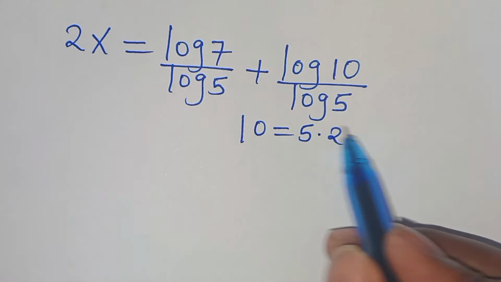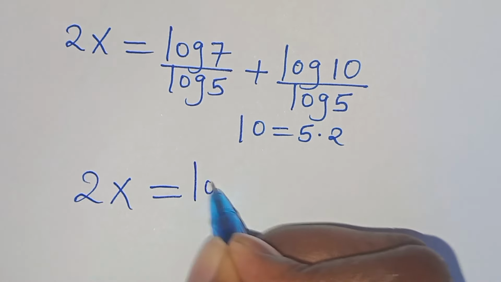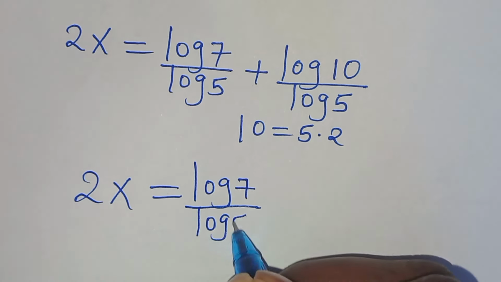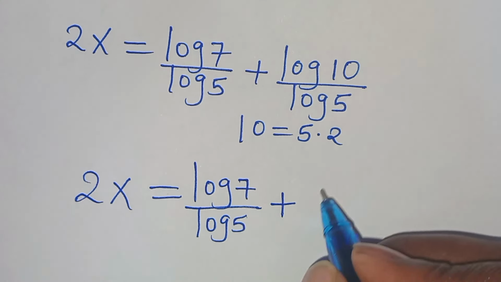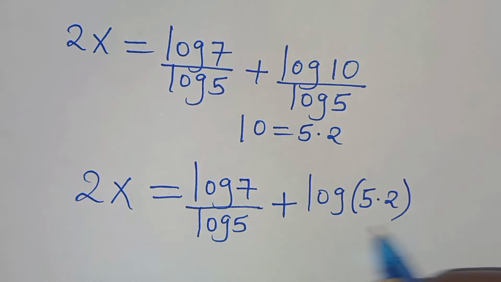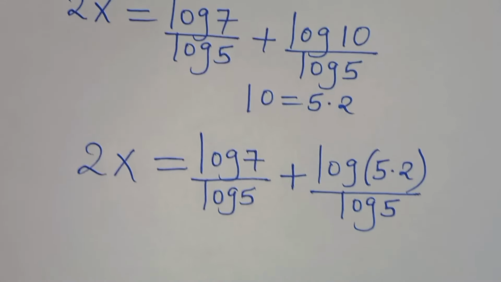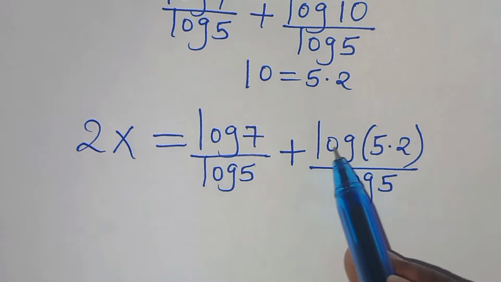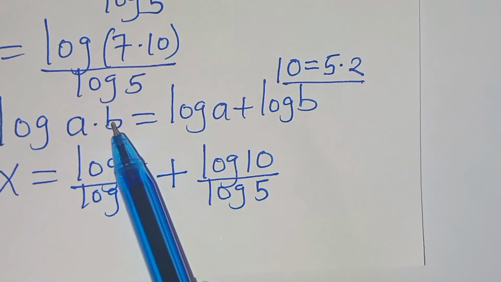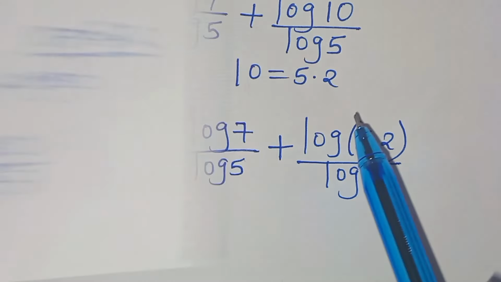Substituting 10 with 5 times 2 here, then we have 2x. This is equal to log 7 divided by log 5. Then plus here, we have log 5 multiplied by 2, then divided by log 5. So we have that log 5 times 2, again this is in the form of log a times b, which you can express as log a plus log b.